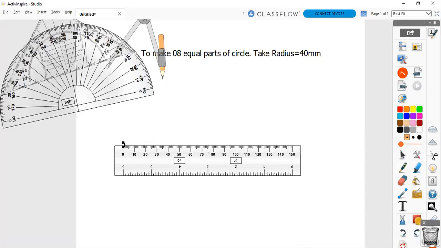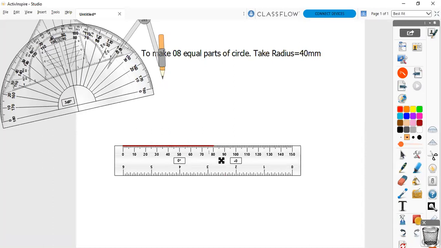Draw one horizontal line with a total diameter of 80, because we want to draw a radius of 40. So now this is your center. Draw one vertical line also from this point.